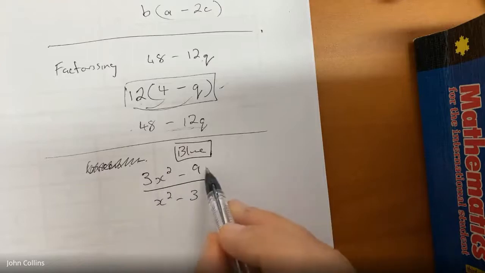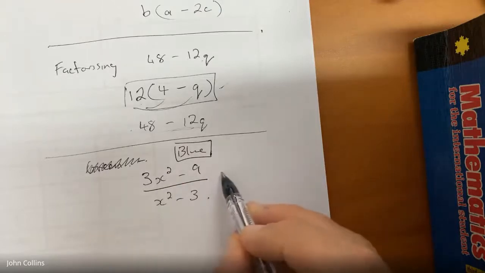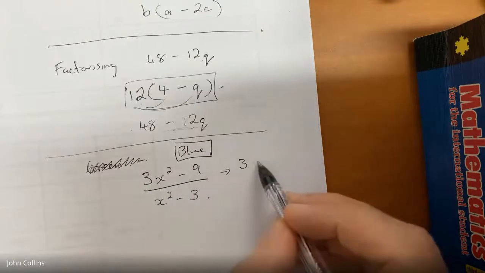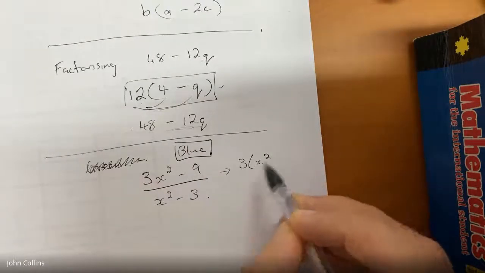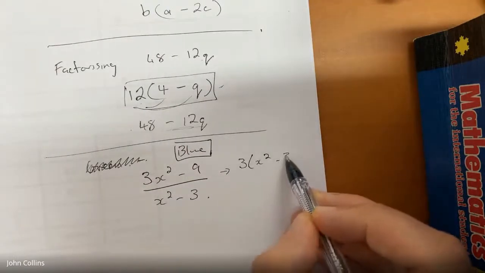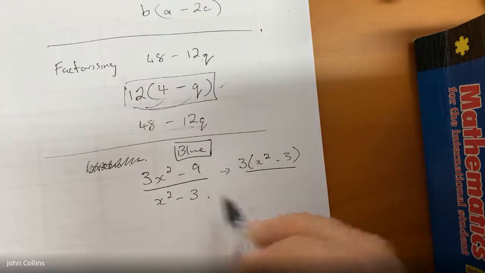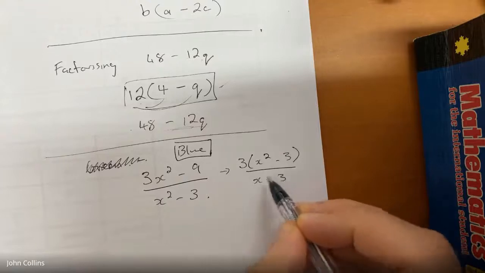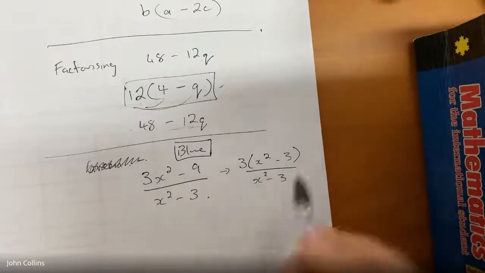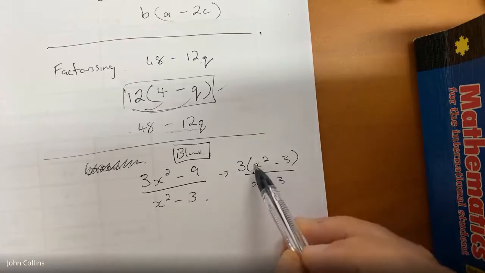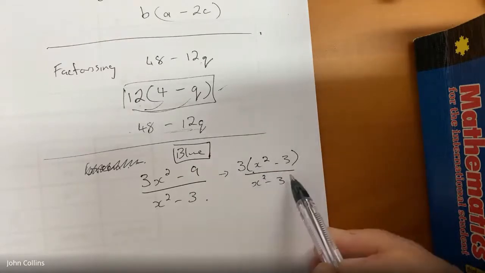If I could factorize the top of this fraction, I would get, well, I take out 3 maybe from both these two, and I'm left with x squared minus 3, I think, on top here. And then on the bottom, I'm left with x squared minus 3. There's no common factor to either of those. Okay? But what I have here is the same thing multiplying and dividing.